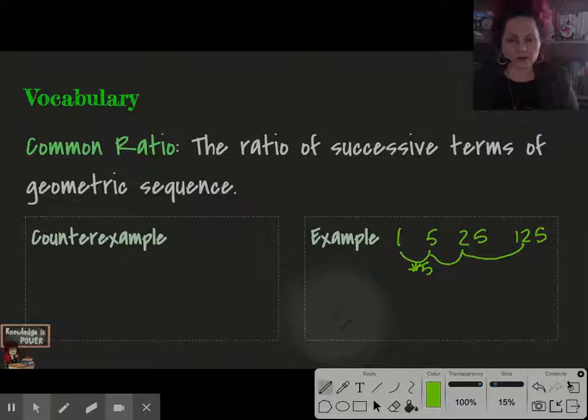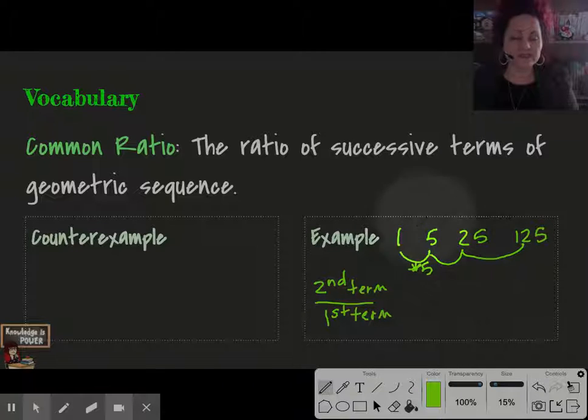But one way that you could calculate the common ratio is you take the second term and you divide it by the first term. The reason we do this is because it's easy enough to see here in this baby example, but you might get a sequence that is a little tougher to see. So if you know the basic formula, you just take your second term.